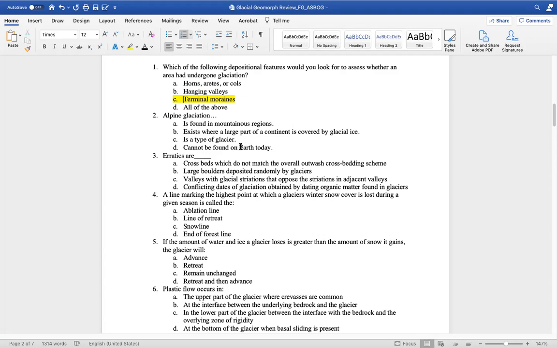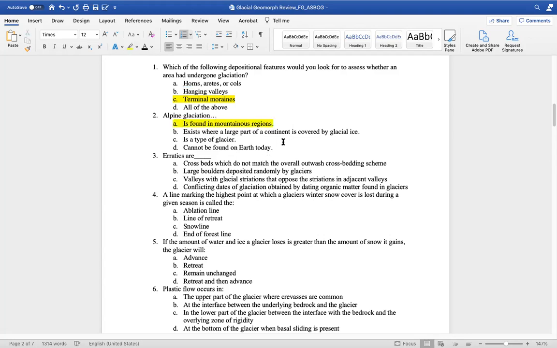Alpine glaciers, you might also hear them referred to as mountain glaciers or valley glaciers. Those terms are interchangeable for the most part, and people use them interchangeably. So the correct answer for number 2 is A.